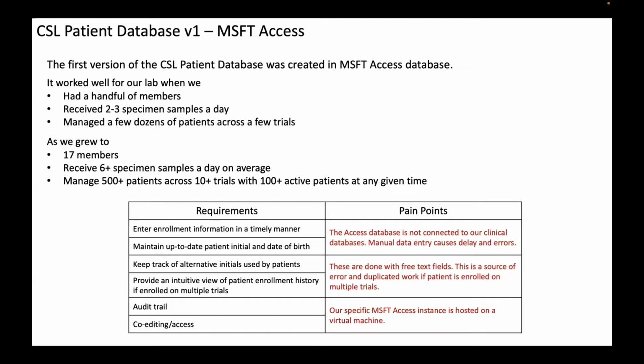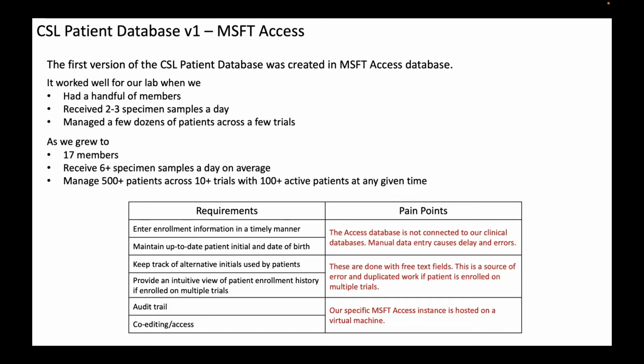And if for some reason their initials and date of birth change, maybe due to erroneous entry, we would have to rely on the site staff to notify us. So that has caused delays and data entry errors in the past. In terms of keeping track of alternative initials and patient enrollment history, this was done using free text fields.